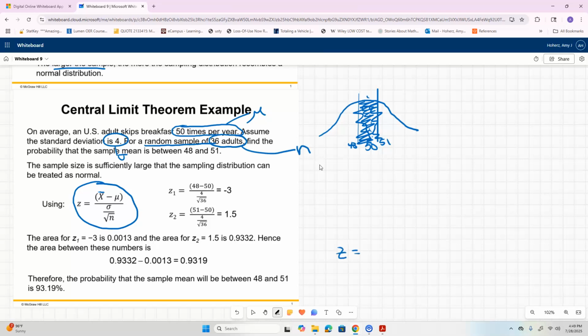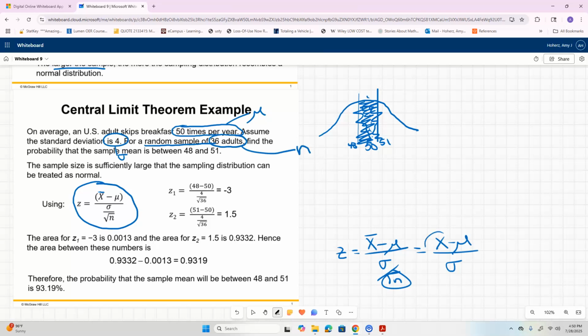Let me write down our old formula. Or let's write down our current formula and we'll compare it. If we were doing this with just an individual, the average for that individual would just be x because it's just them. They're their own average. And then the sample size would just be 1. So sigma divided by 1 would just be sigma. So it really is the same formula.